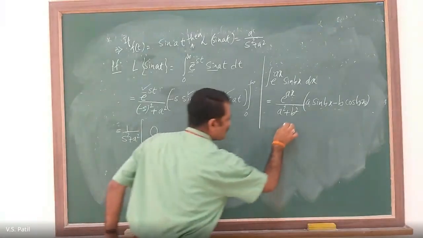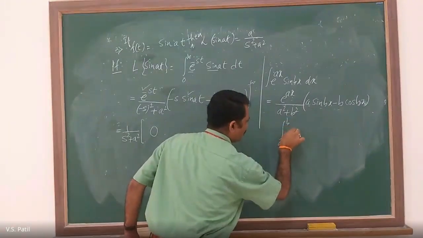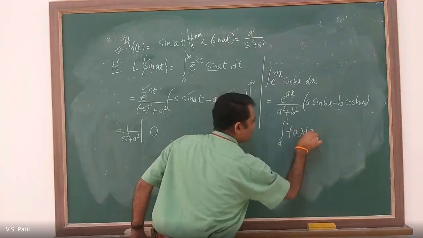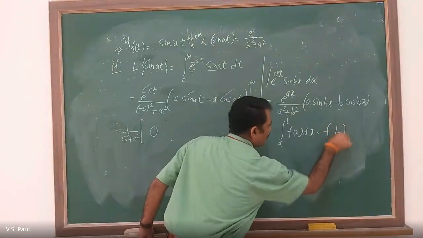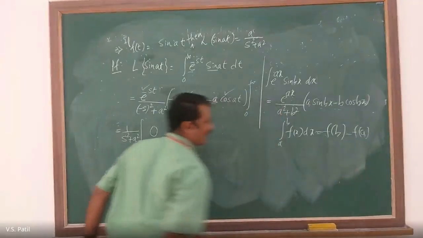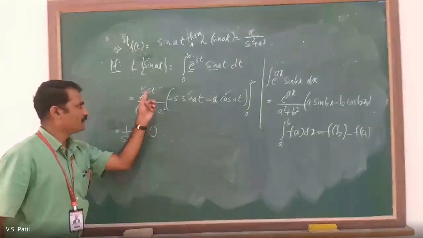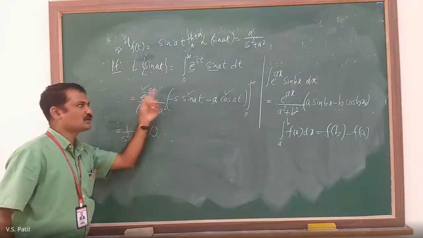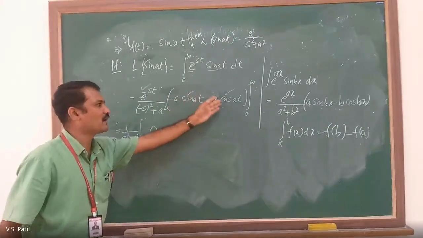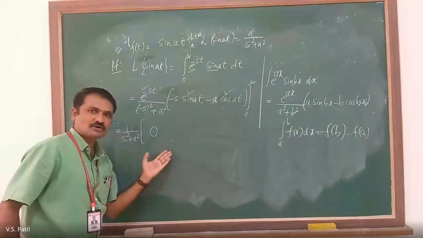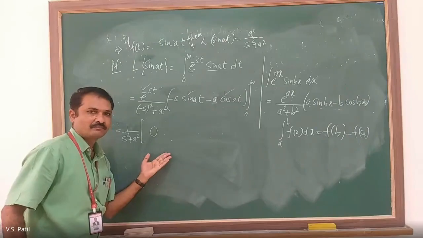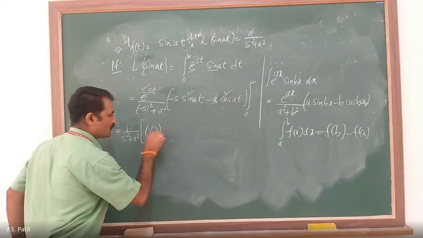Integration a to b, f of x dx, then you have f of b minus f of a. Agree? So if we put infinity, what happens? It becomes 0. 0 into, no need to calculate this. If you calculate this also, that is also 0. Isn't it? So, upper limit is 0 minus.